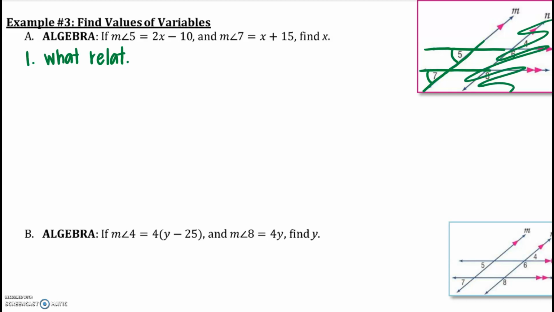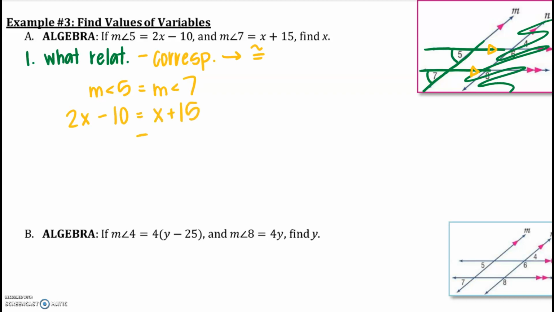I see that they're parallel, which allows me to use my theorems that we have talked about. So I see that these are corresponding angles. That also means that those two angles are congruent. So the measure of angle 5 is equal to the measure of angle 7. Then I can just substitute: 2x minus 10 is equal to x plus 15.